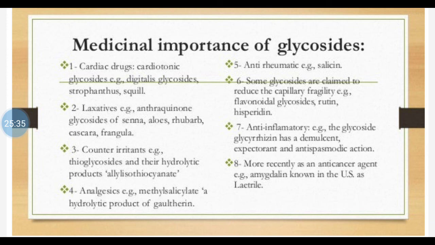Then some glycosides are claimed to reduce capillary fragility, isn't it? Flavonoid glycosides, then hesperidin and all that. Then they have also got anti-inflammatory action, like glycyrrhizin that is present in glycyrrhiza, which has a demulcent action, expectorant, and antispasmodic.